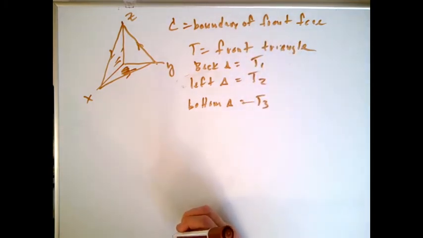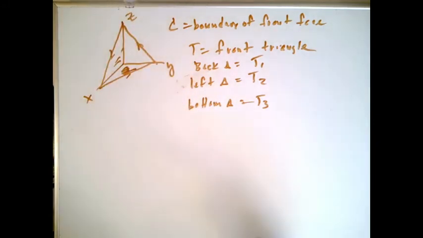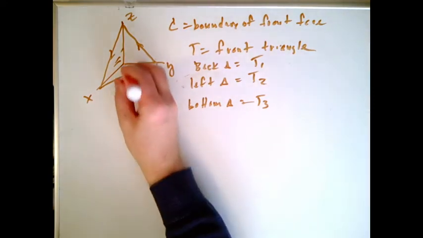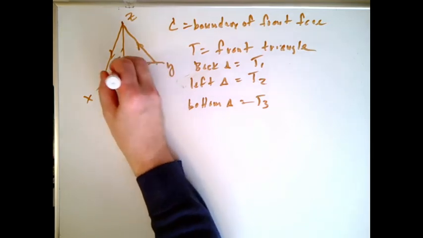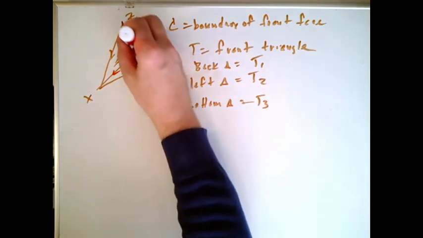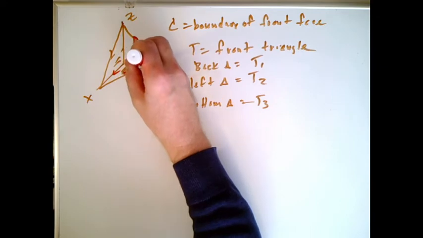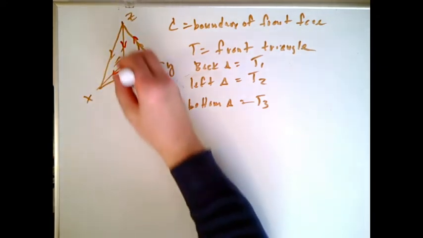So what I want to do is to find the work done along this front face, and then we're not going to do that. What we're going to do is find the work done along the bottom triangle. So that's going to work like this, and like this. And then I'm going to do the work done along the back triangle. Well, that's going to do this, and this, and this. And then I'm going to do the left triangle. And this is all counterclockwise.